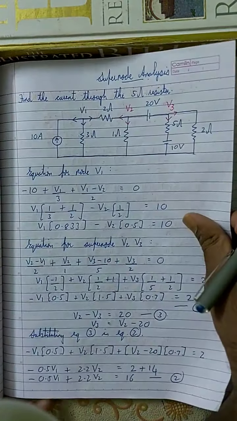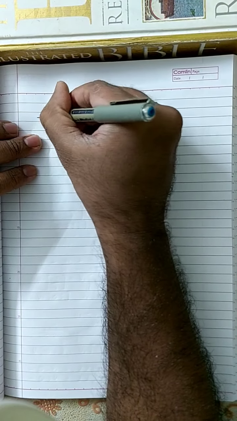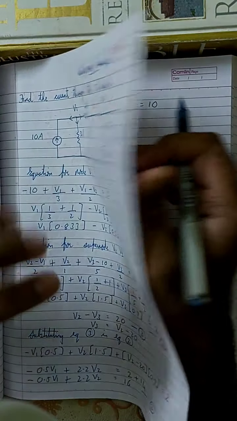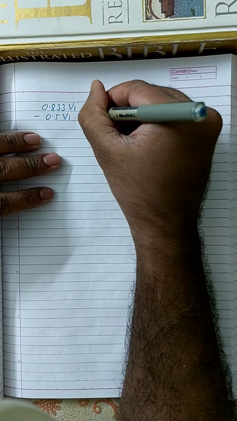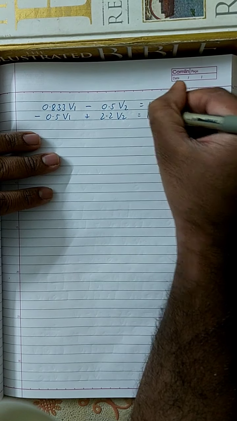What about the second equation? We have minus 0.5 V1 plus 2.2 V2 is equal to 16.